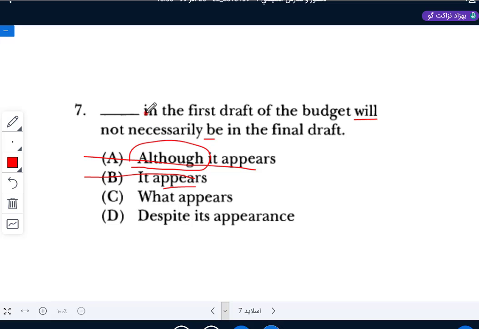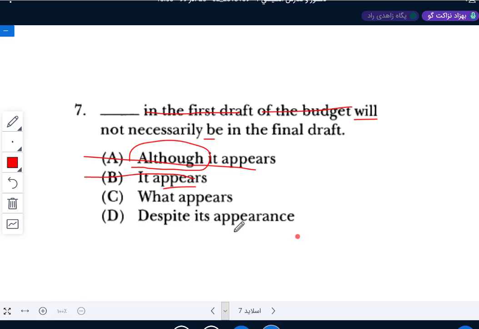And as you see, in the first draft of the budget, these are prepositional phrases. These are extra. So I have it appears will be. It is the subject, appears is the first verb, and will be is the second verb. So I cannot have two verbs for one subject. And that is why choice B is not correct.